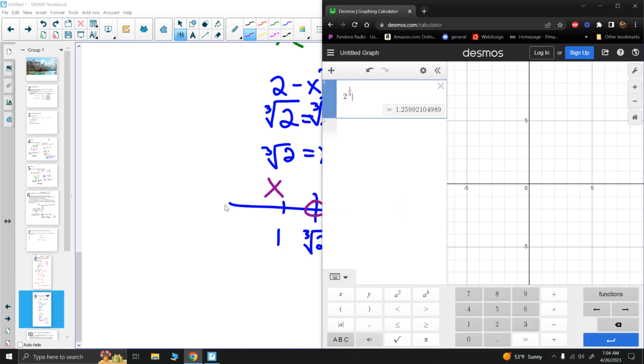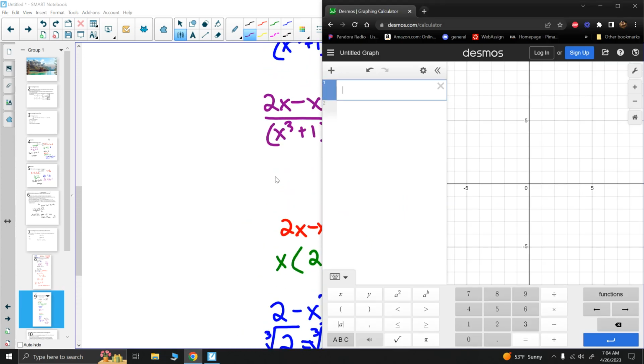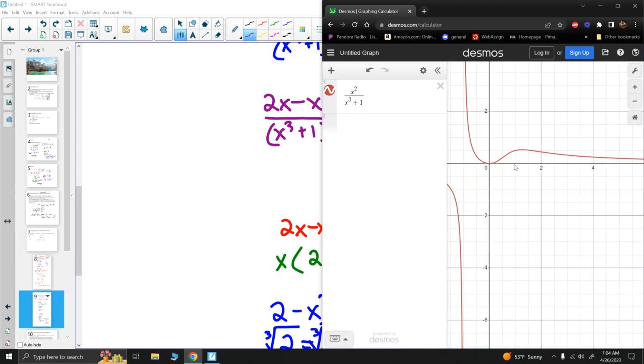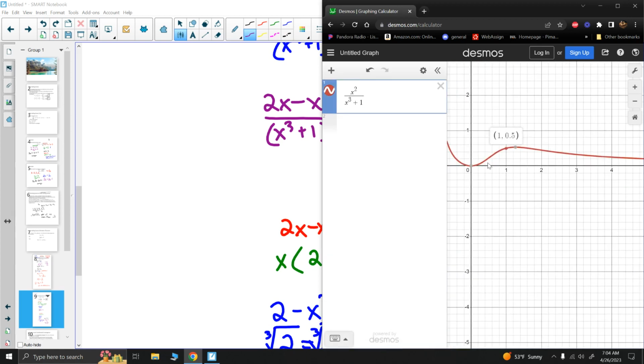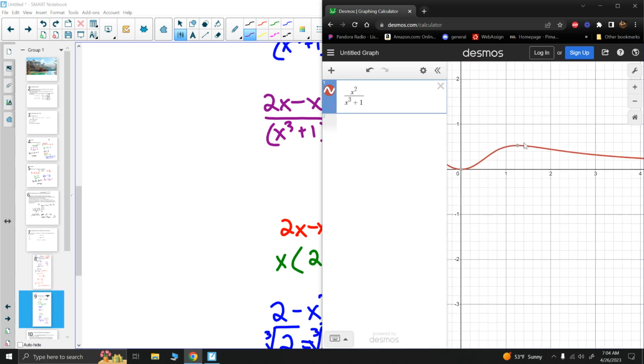And in fact, if we take a look back at our function, x squared over x cubed plus 1, we can see that this statement here is where it has a slope of 0. This is the cube root of 2.